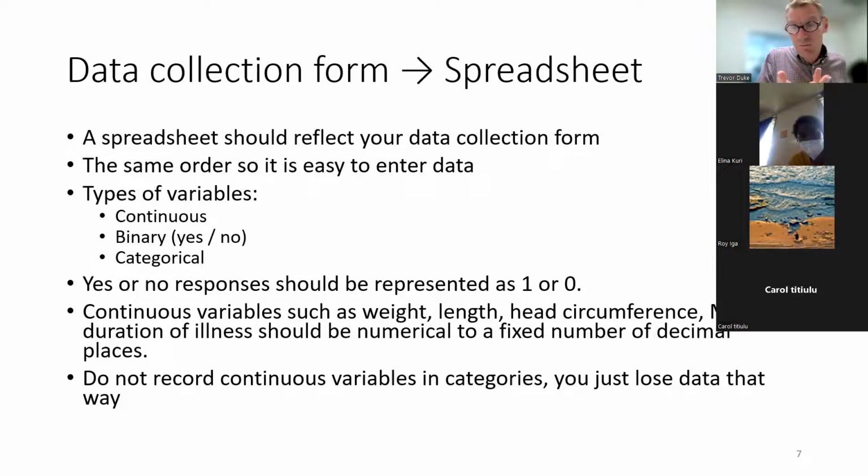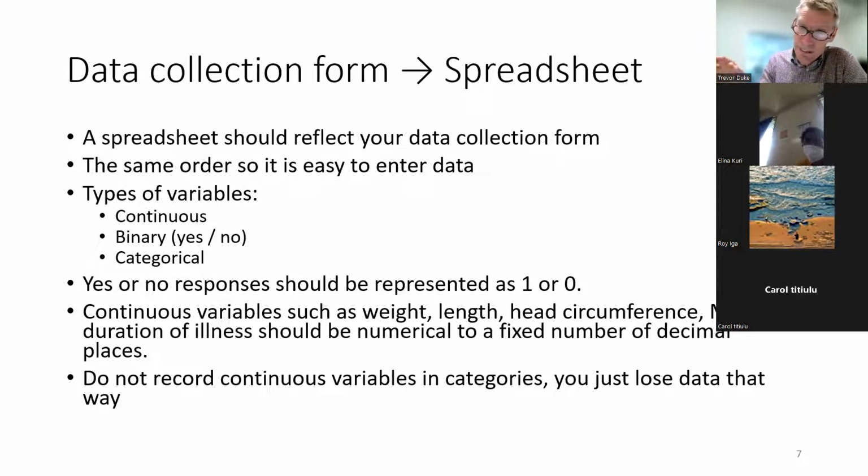A lot of the time, the main reason to mention this is because people often try to convert their continuous data into categories, and that's not a good idea. So, for example, birth weight is a continuous variable, but sometimes people on their spreadsheet or on their data collection form put less than 1,500 grams, 1,501 to 2,000 grams, 2,000 to 2,500 grams.